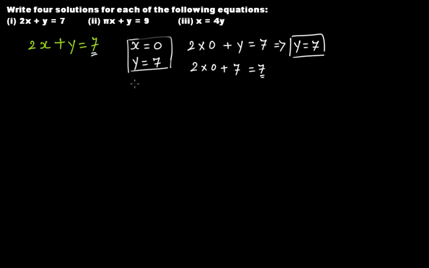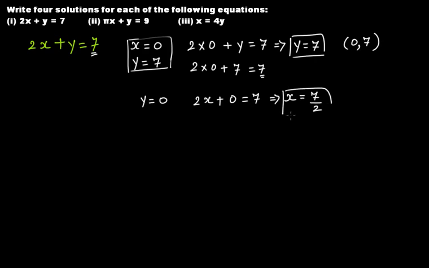So next, let's take y equal to 0. Here you have to write 0 comma 7. This is one solution. Now in this second case, let's take y equal to 0. When you take y equal to 0, this equation becomes 2x plus 0 equal to 7. From here, you get x is equal to 7 by 2.